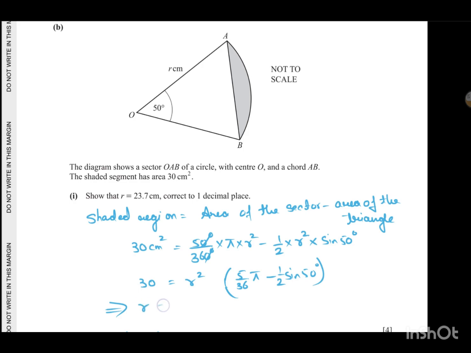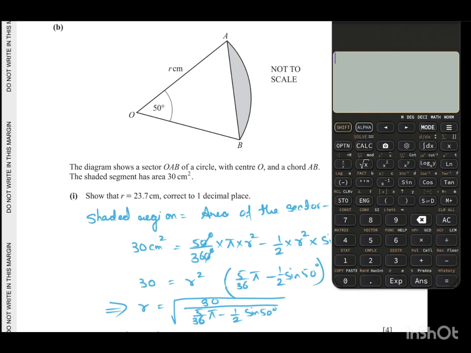So r will be the square root of 30 by 5 by 36 pi minus half sine 50. So let us take that, square root of 30 by 5 by 36 pi minus half into sine 50.